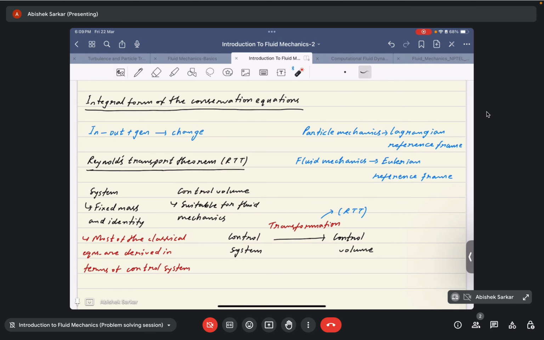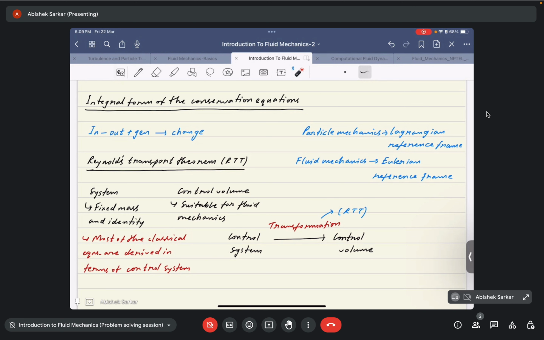So that's how we discussed the two existing methods of solving fluid mechanics problems, and the Reynolds transport theorem.